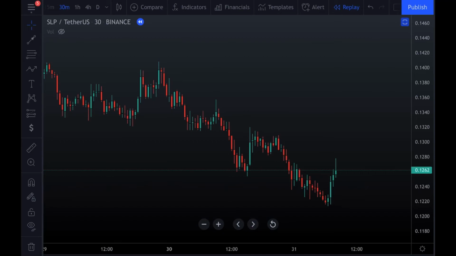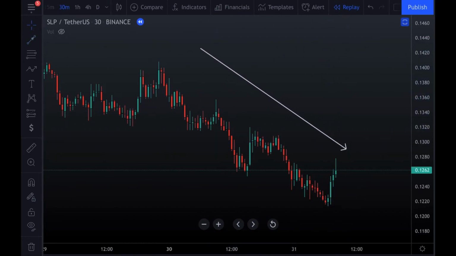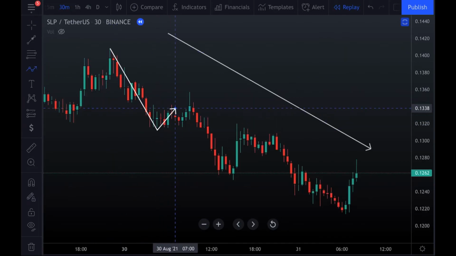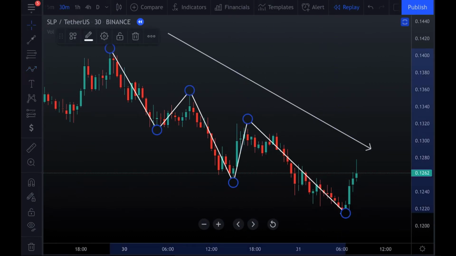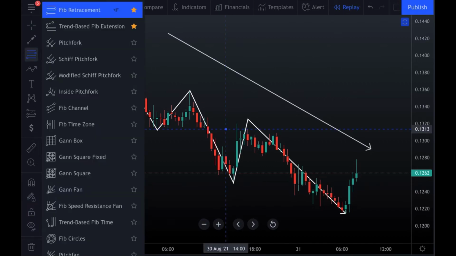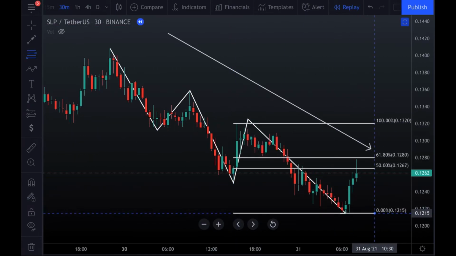Now, on the other hand, in a downtrend trending market, it's the complete opposite naman. So we have here a low and then a high, then lower low, lower high, lower low, and a lower high. And again, grab your Fibonacci tool. So for a downtrend trending market, we use the Fibonacci tool from the swing high down to the swing low.